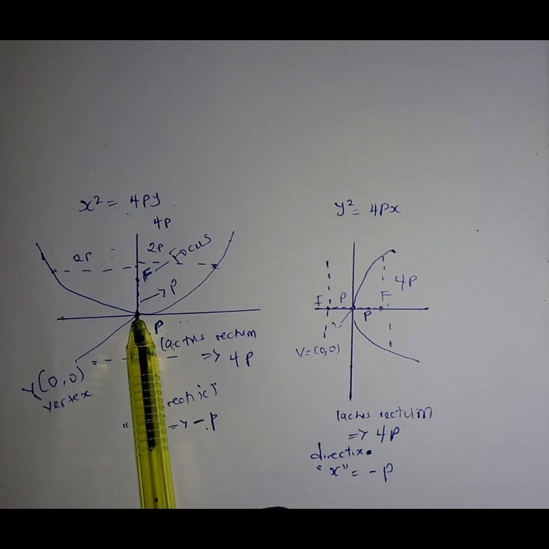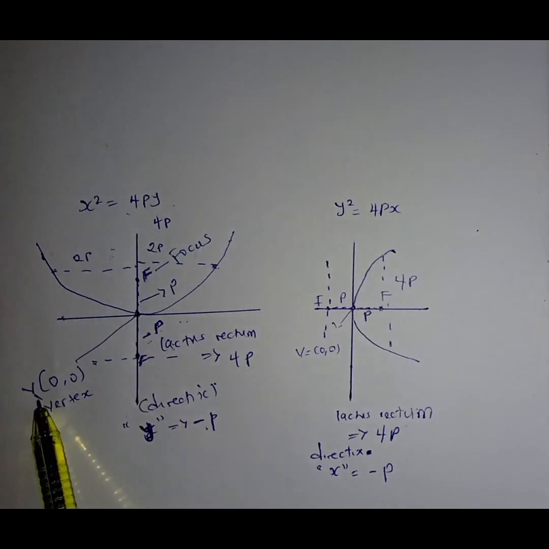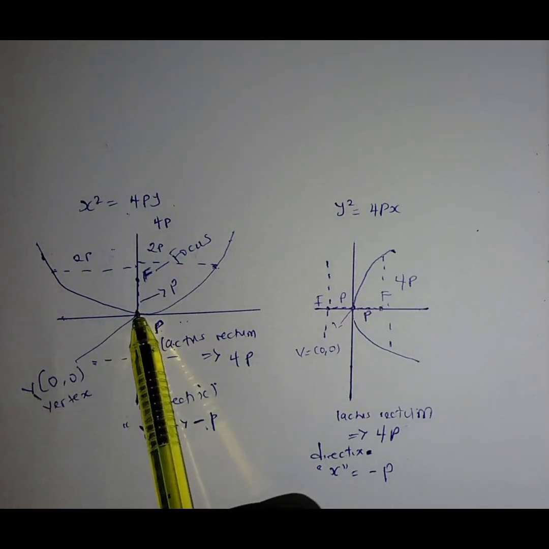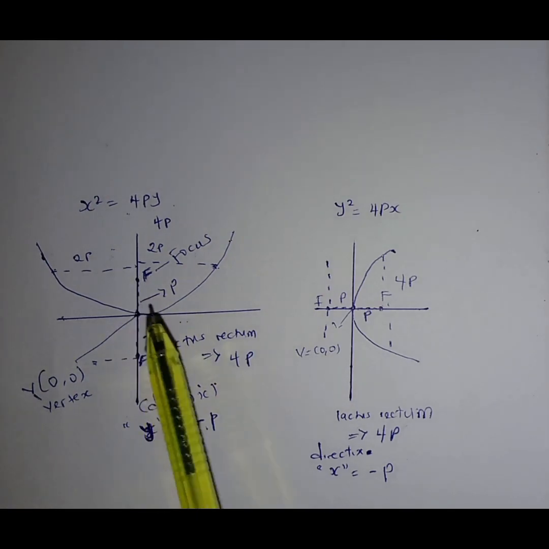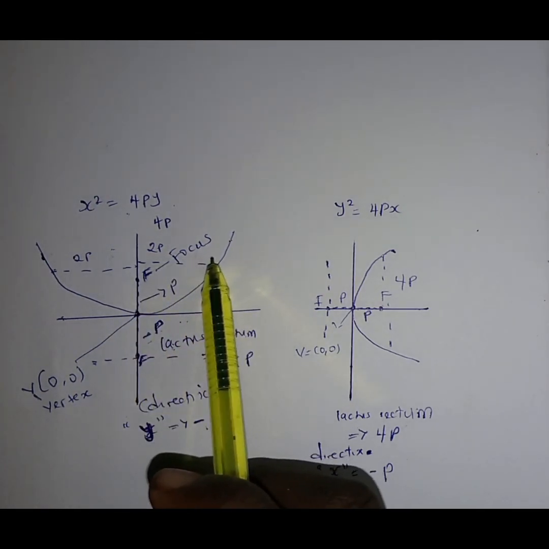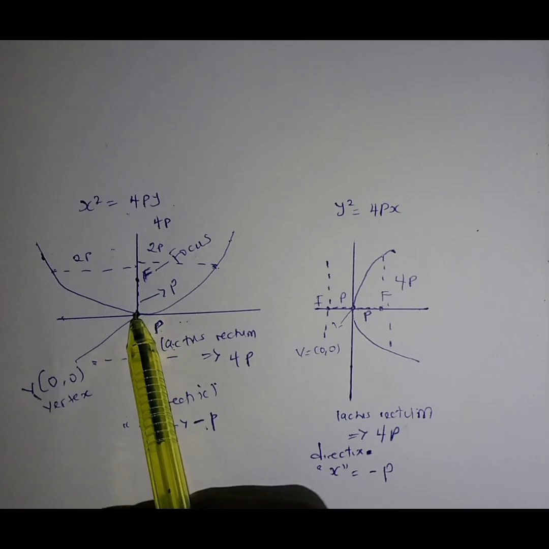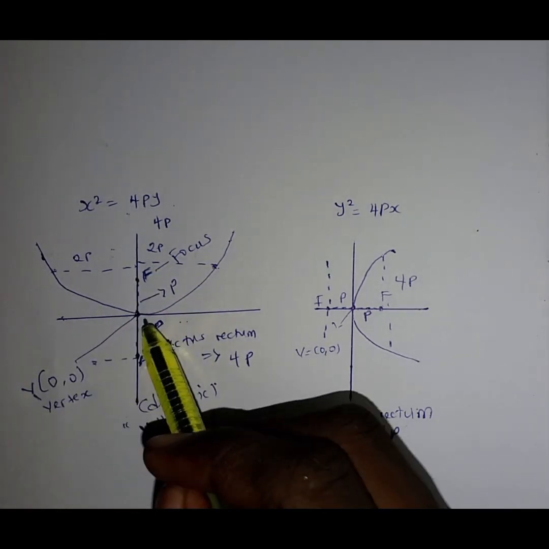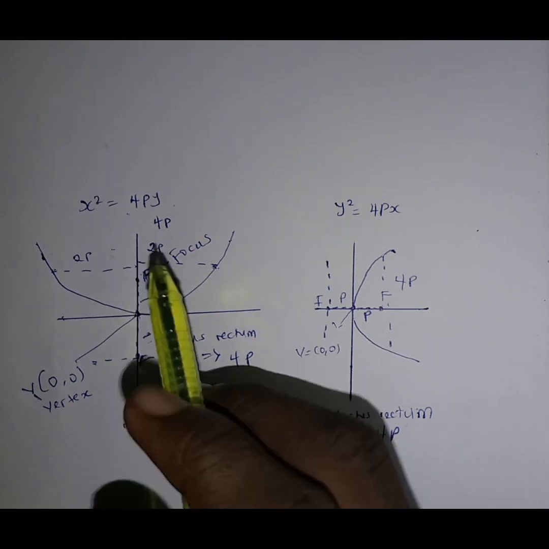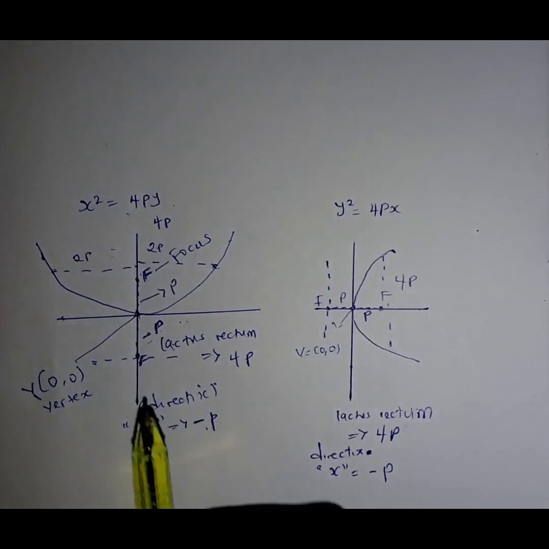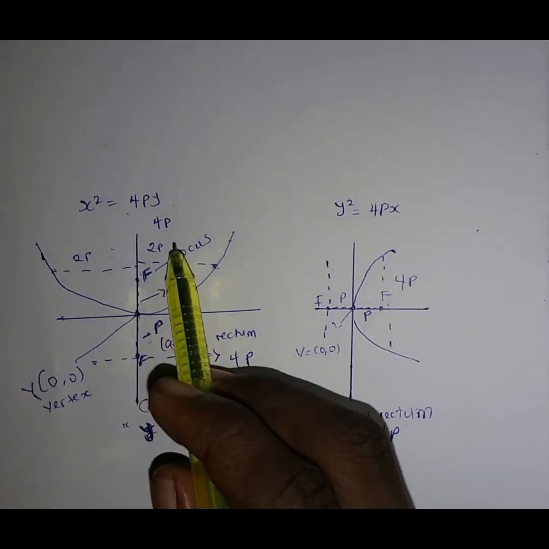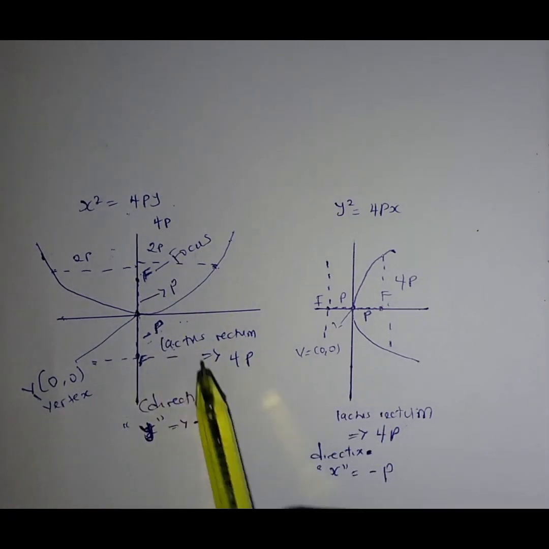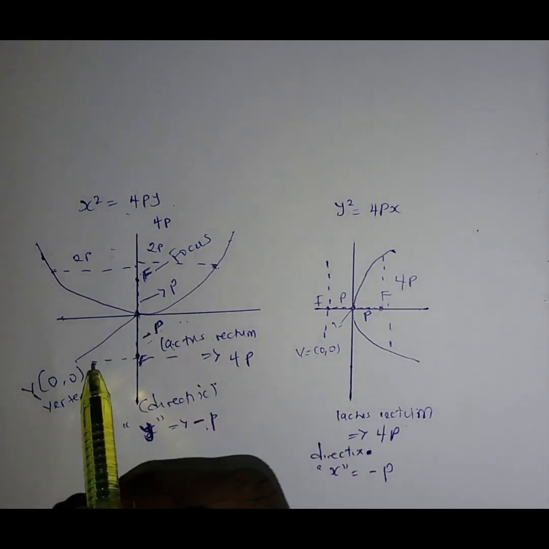This point at the center is called the vertex. The distance from the vertex is called the focus, F, and the distance from the vertex to the focus is p. Now my directrix is the opposite of the focus.